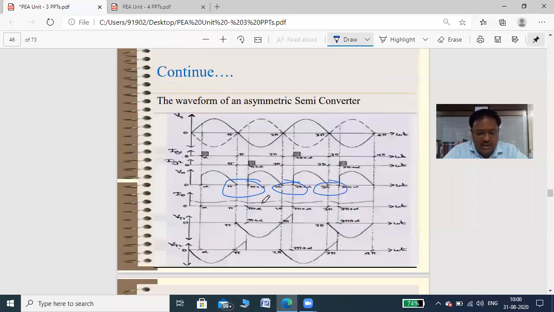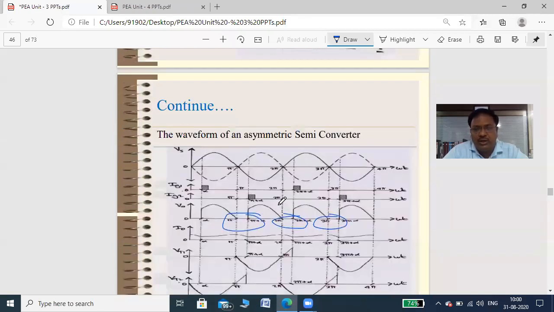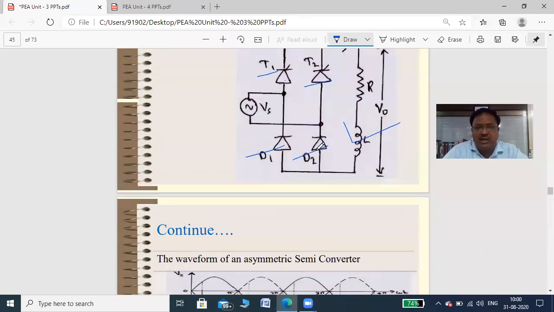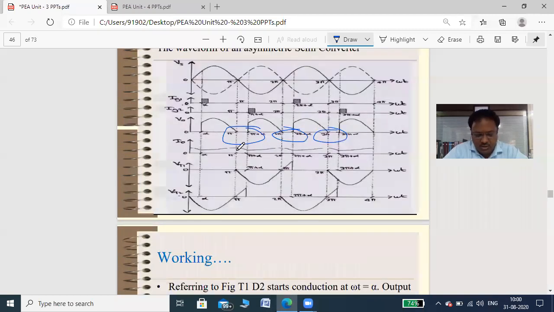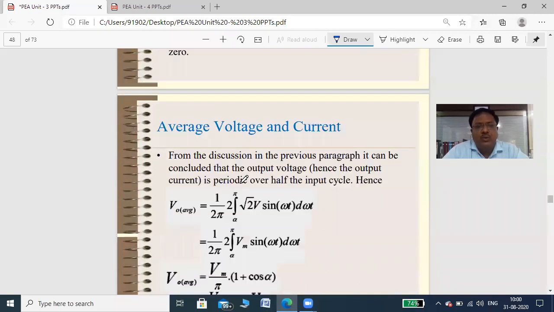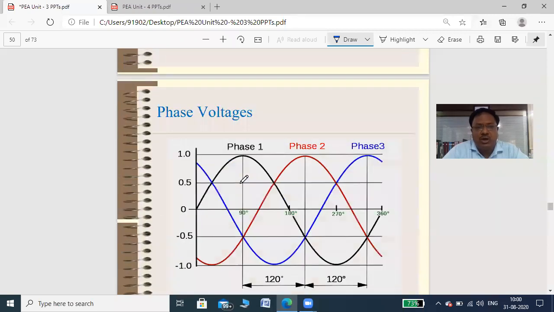When T1 is conducting and T2 is conducting, the inductor stores energy, and when the supply gets reversed, diode D1 is forward biased, so current flows through D1 and T1 back to the R, so the negative part is omitted or removed. So these two converters we have already seen.